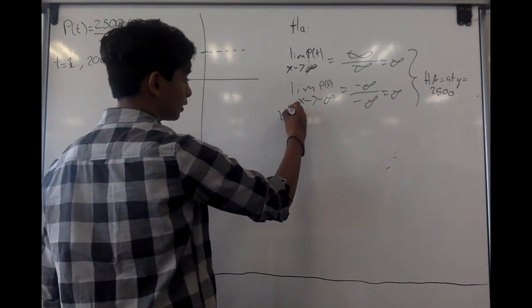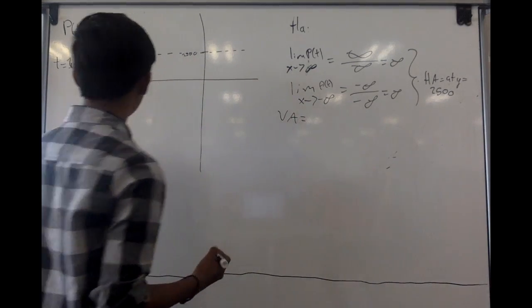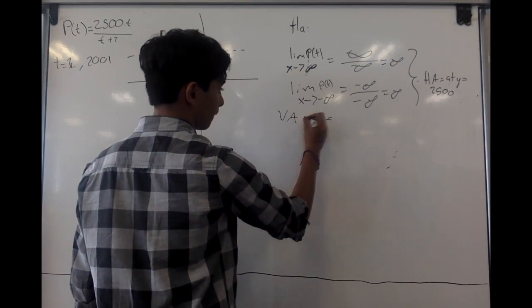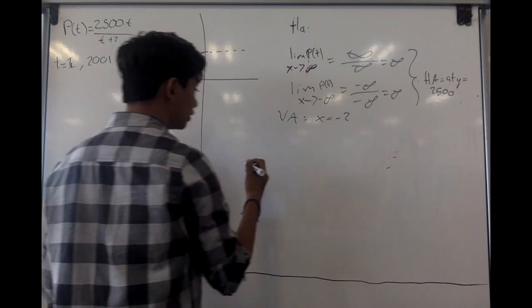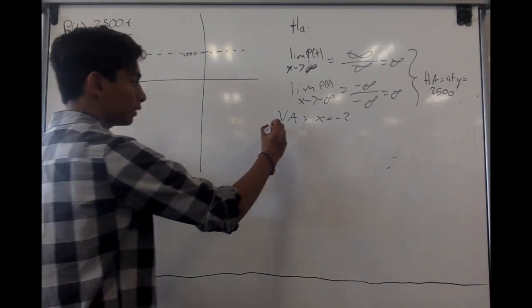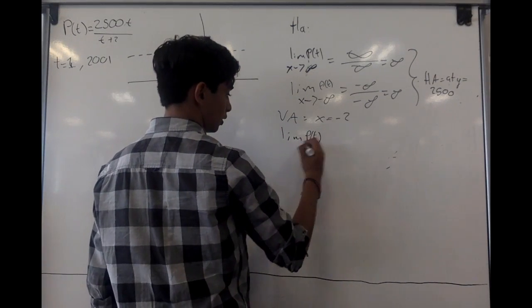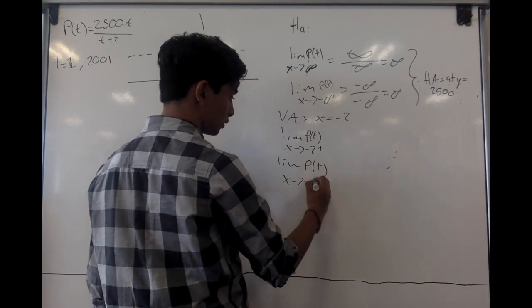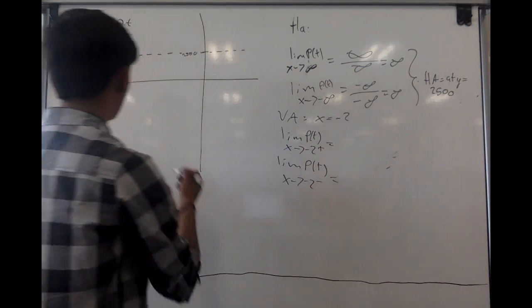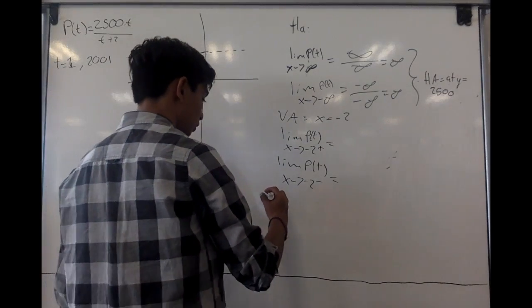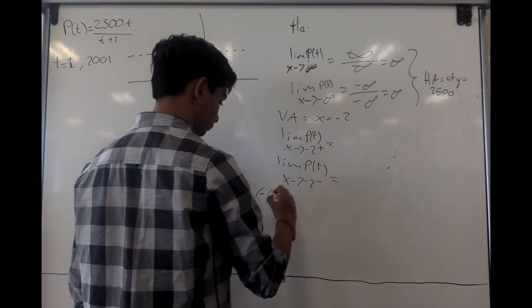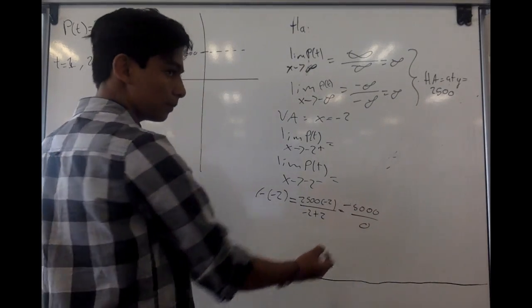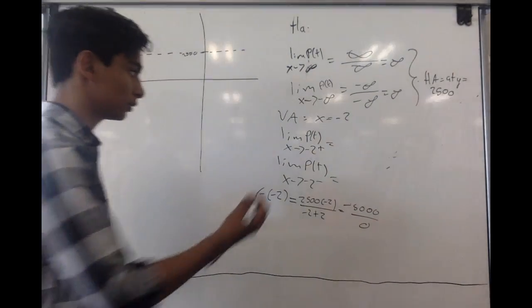So the possible vertical asymptote is at x equals minus 2. To prove this, we get the limits, and we also have to evaluate the function at minus 2. As you see, it is a number divided by 0, so it's a vertical asymptote.